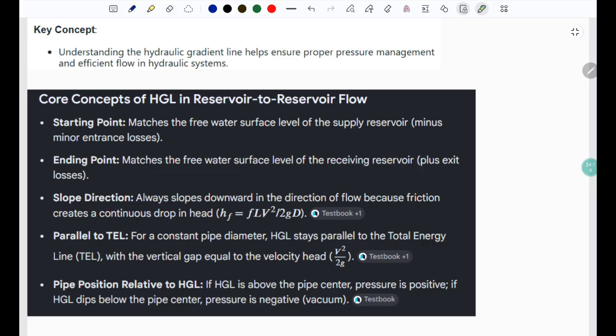In terms of direction, it always slopes downwards in the direction of flow because of friction losses given by Darcy, f L V square by 2 g d. It is always parallel to the total energy line with a vertical gap of V square by 2g. If the HGL is above the pipe center, the pressure is positive, and if the HGL dips below the pipe center, the pressure would be negative or vacuum.